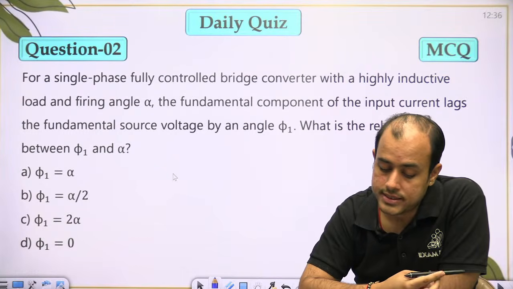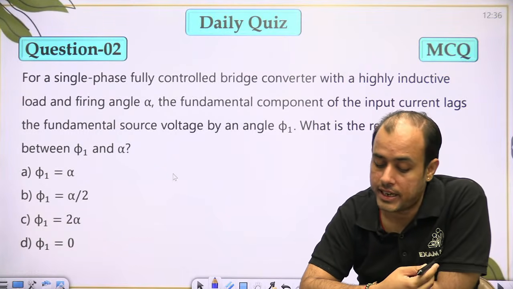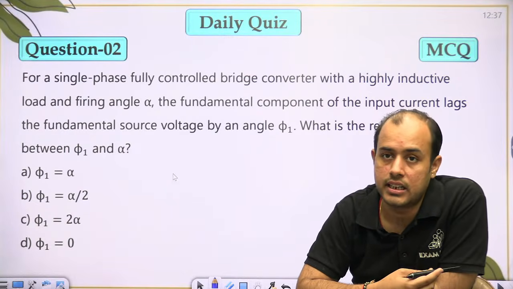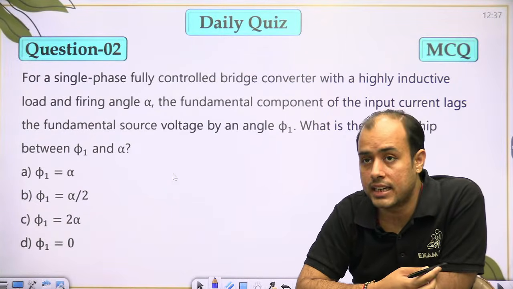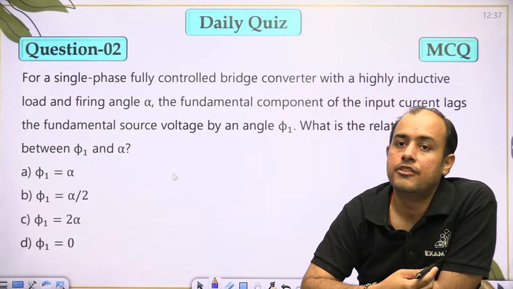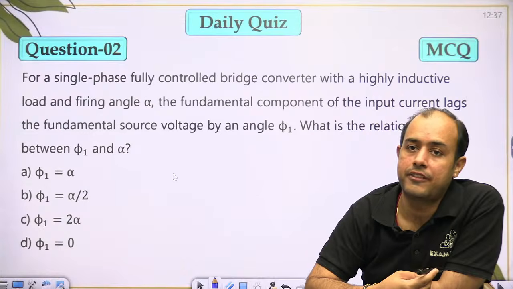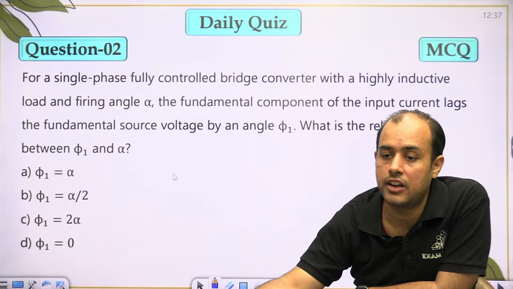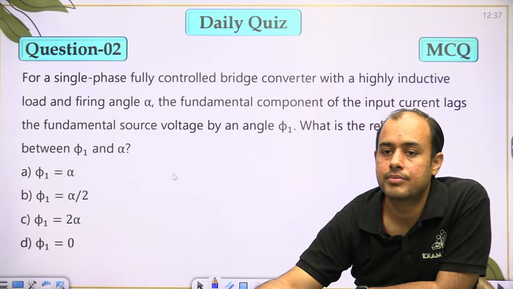Next, for a single phase fully controlled bridge converter with a highly inductive load and firing angle alpha, the fundamental component of input current lags the fundamental source voltage by phi 1. What is the relation between phi 1 and alpha? बताइए.